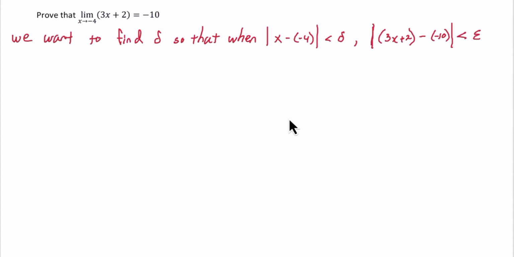So epsilon is given, it's any epsilon. Our goal is then to find delta. Since we don't know what delta is, that's our first goal.